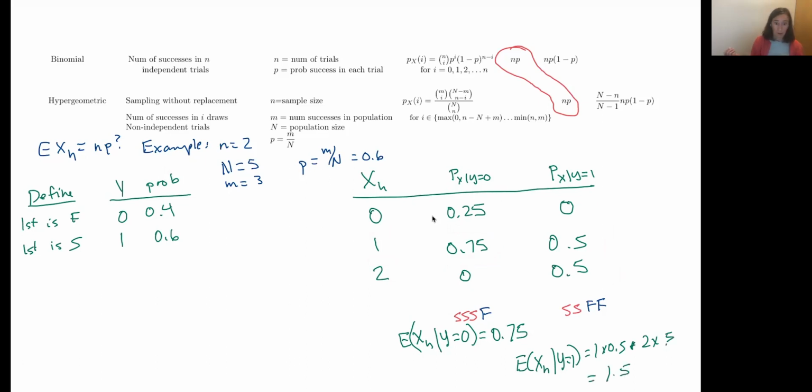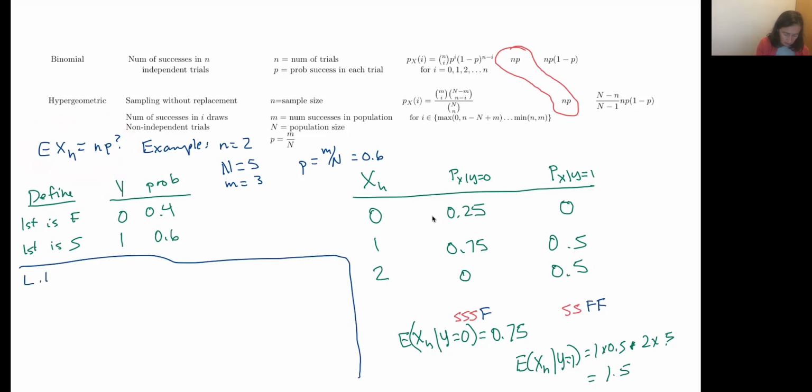Okay. All right. What can we do to calculate the overall expected value of X? We can use the law of iterated expectation. How cool is that? So let's do it right over here. Let's pick one little corner of the board.